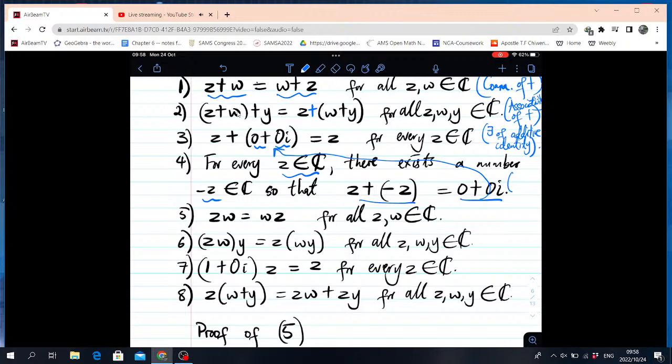So this is existence of additive inverse.